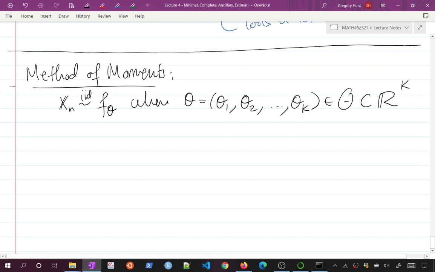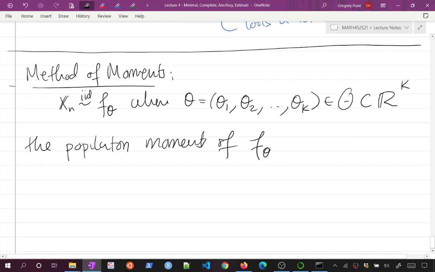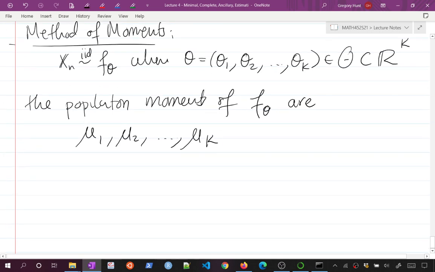And what we're going to say is that the population moments of my distribution, f theta, are generically mu1, mu2, all the way up to mu k. So we take k of them.